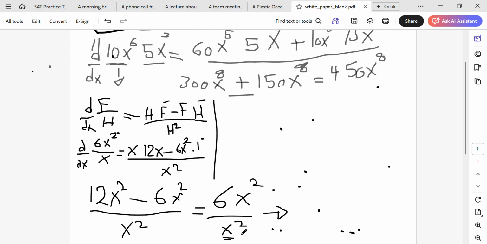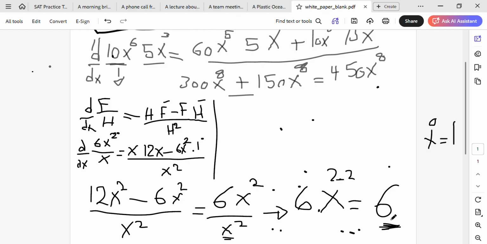I have x raised to the power 2 divided by x raised to the power 2. When it's a division, you just subtract the powers. So 2 minus 2 equals 0. Any variable raised to the power 0 equals 1, so what is left is 1 times 6, that's 6. So the final answer for 6x squared divided by x is just 6.